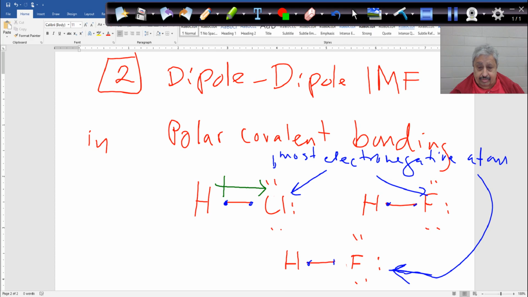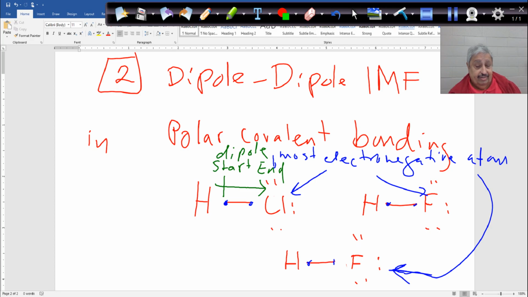So this is the start of the dipole, and that's the end of it. The beginning and end, so this is the dipole. Okay, guys. And here is positive, correct?